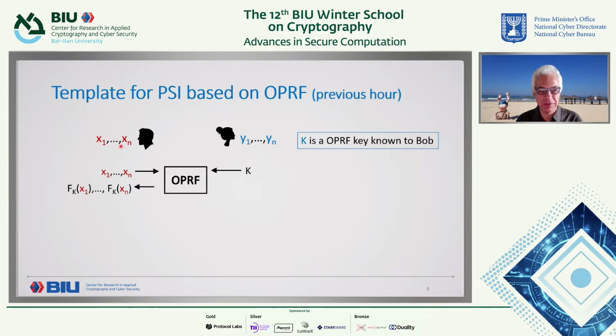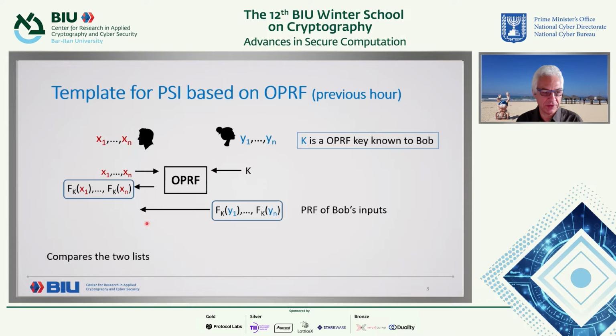And then for each input of Bob, they run the OPRF, where Bob learns the output of the pseudo-random function f with this key on Bob's inputs. And then Alice sends to Bob the output of the PRF on her inputs, and he compares.